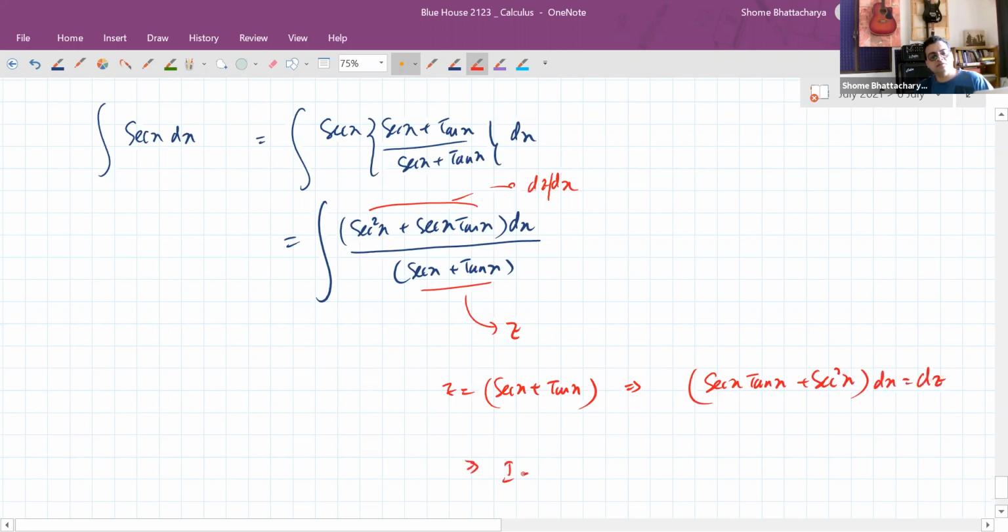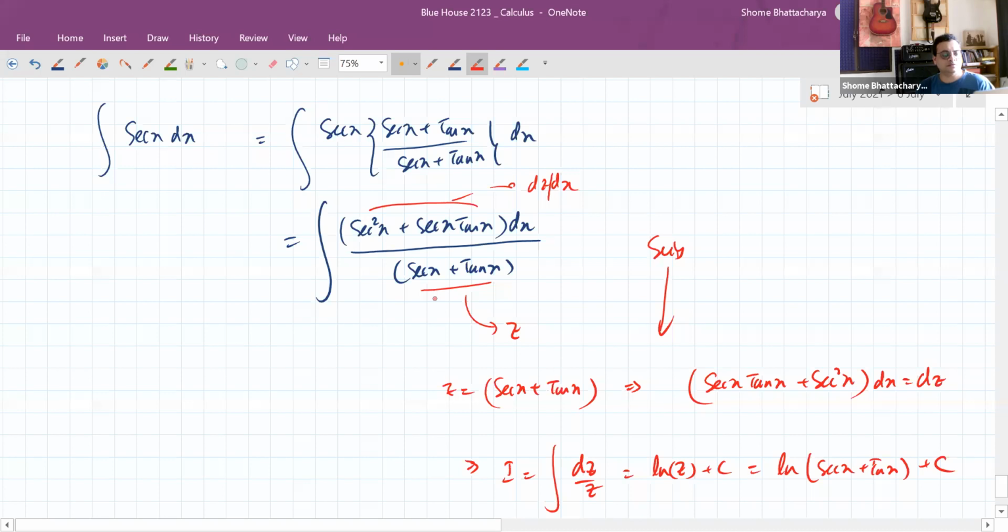So your integration will become dz by z, which is ln z plus c, or that is ln of sec x plus tan x plus c. So there's still manipulation involved here. Before doing the substitution, we are doing a manipulation. But anyhow, if you want to understand how this is derived directly, this is how it is done.